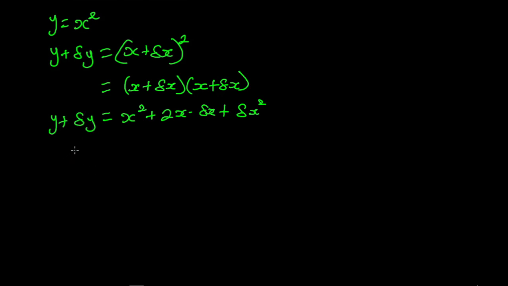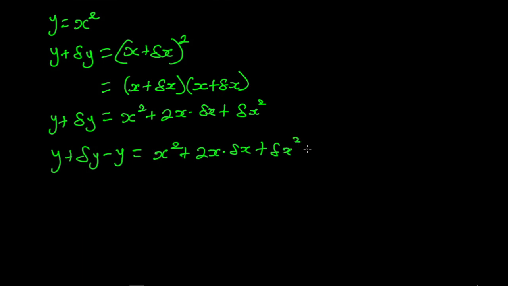Now we subtract y from both sides, and we got that y from the beginning is equal to x squared. So subtracting y from this side, we have y plus delta y minus y, and this is going to be x squared plus 2x delta x plus delta x squared, then minus, we are subtracting the equivalent of y from this side, and that is going to be x squared.